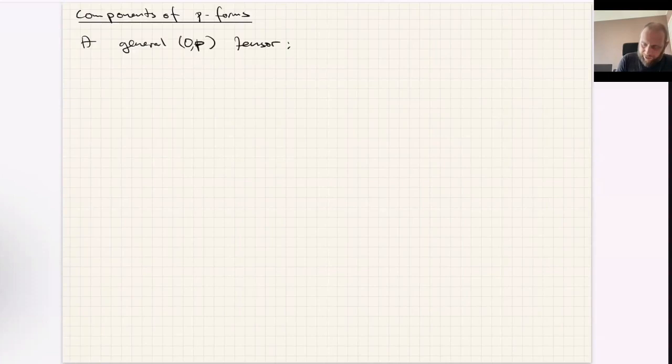you would write it as omega a1 up to ap, dya1 tensor up to dyap, right?